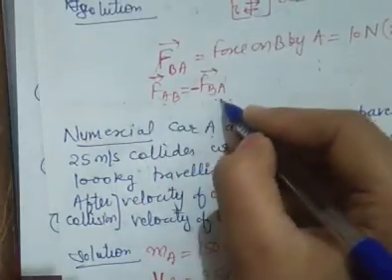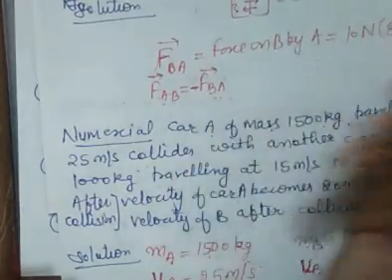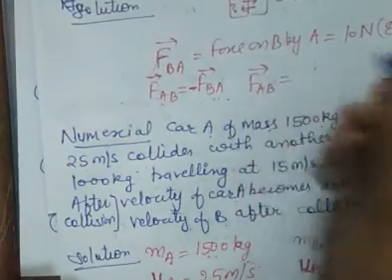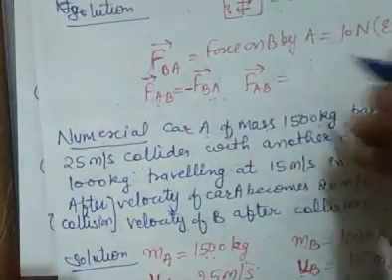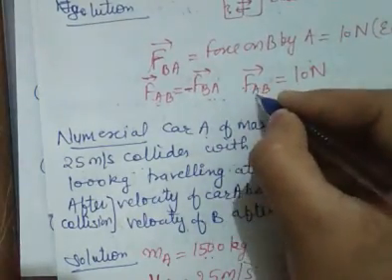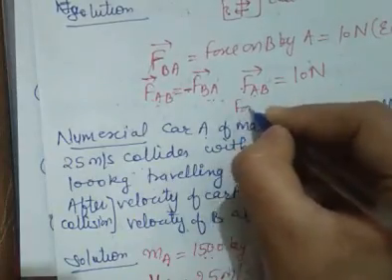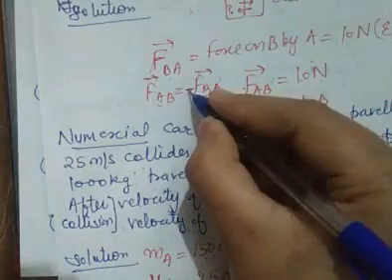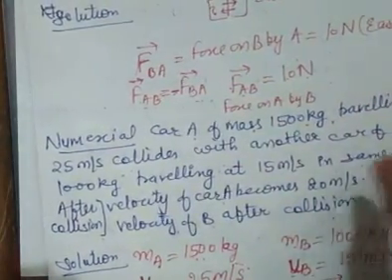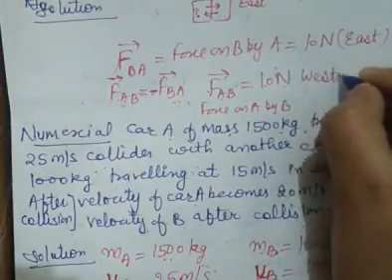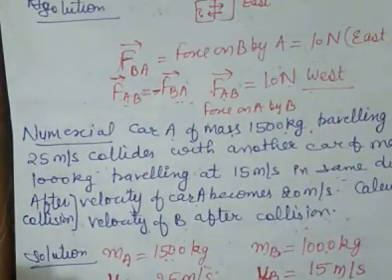It means forces are equal in magnitude but opposite in direction. So what will be the value of FAB? Forces are equal in magnitude. Force will be same. Force on A by B is 10 Newton. But negative sign is indicating its reverse direction, opposite direction. So it will be towards west. So equal in magnitude but opposite in direction.